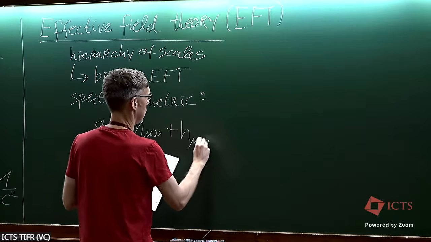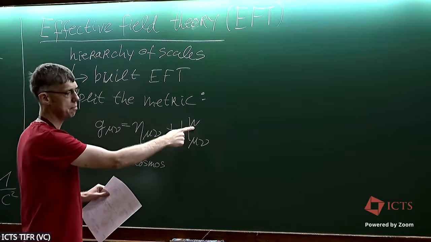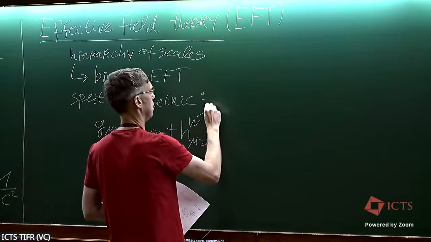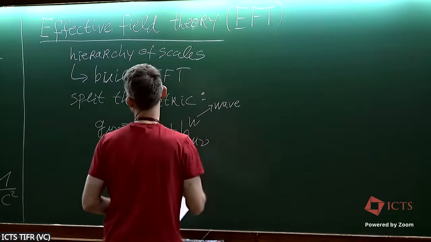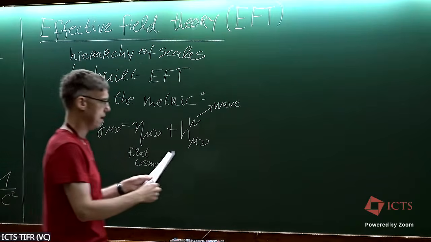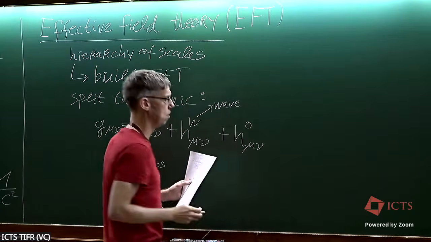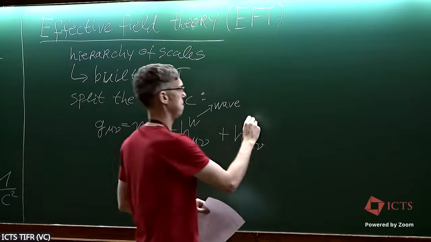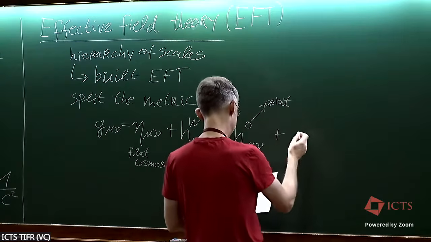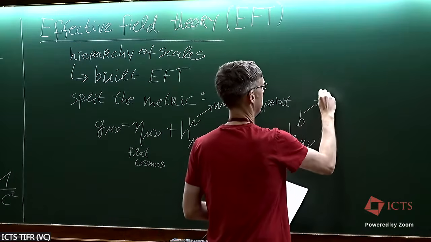Then we have some modes in the gravitational field, which I will call h_μν^W for the wave scale, right? This corresponds to everything that's at the scale lambda. And we have an h_μν^O for orbital scale. And there's an h_μν^B for the body scale.